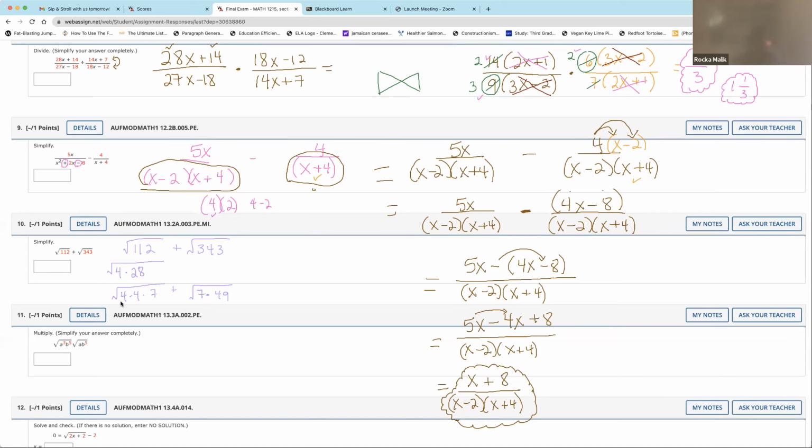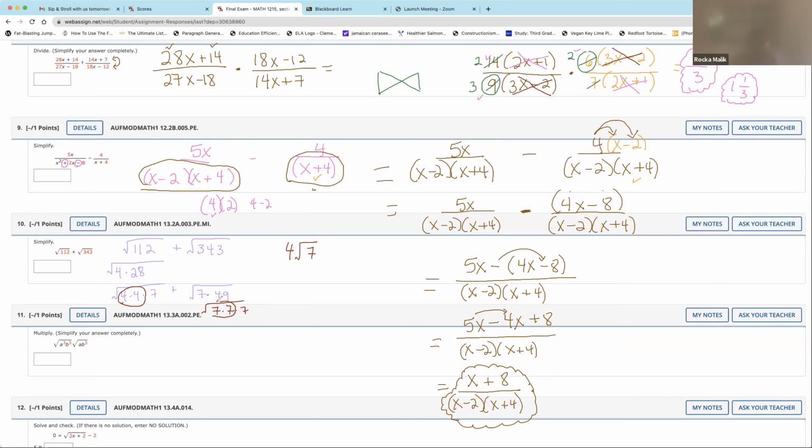So you need to have the exact number twice to come out of the square root. So 4 times 4, the 4 is going to come out of the square root and be 4 root 7. 49 is 7 times 7. So this is really the square root of 7 times 7 times 7.